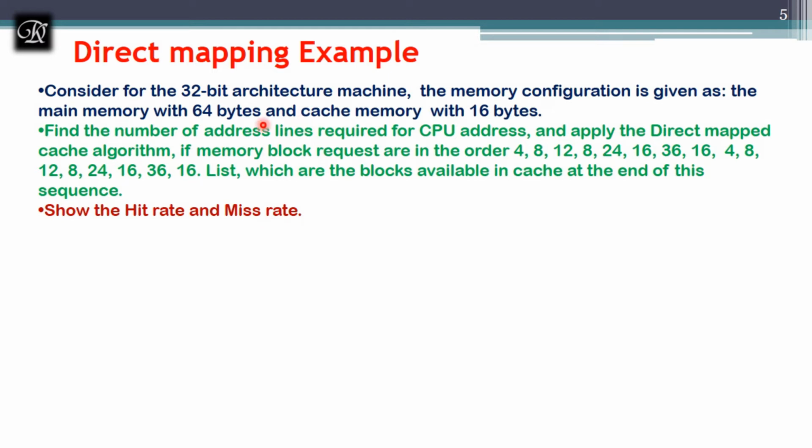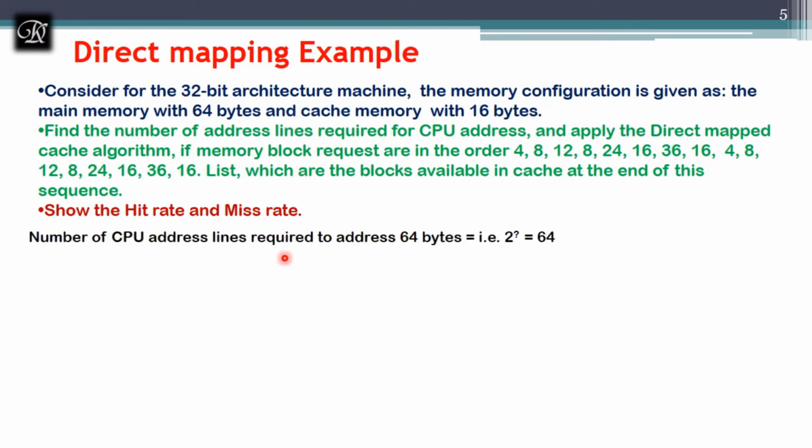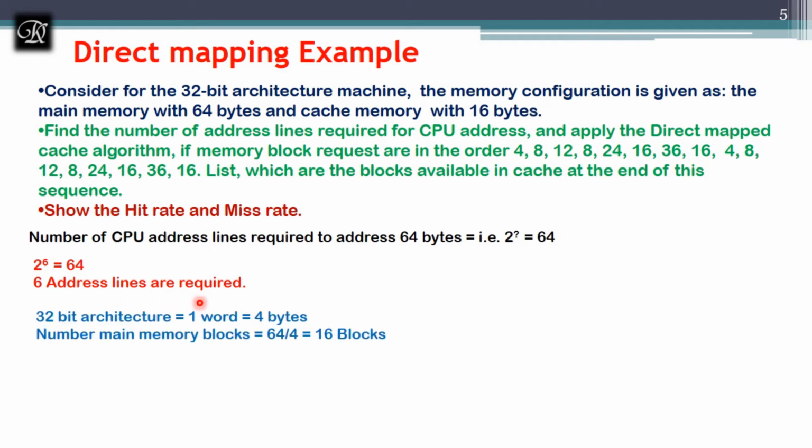Let's calculate these address lines. The number of address lines required to address 64 bytes is 6, since 2 to the power of 6 is 64. We have a 32-bit architecture, so the word size is 32 bits, which is 4 bytes. We have seen this from the first module.